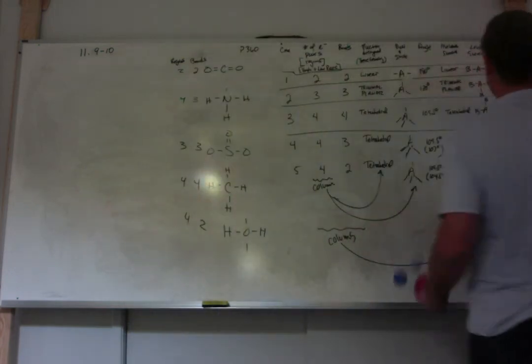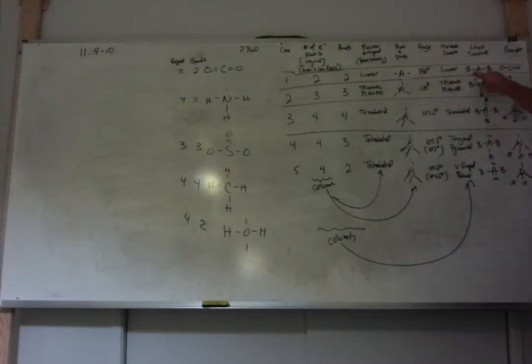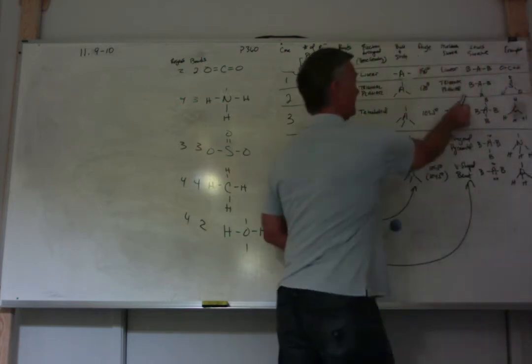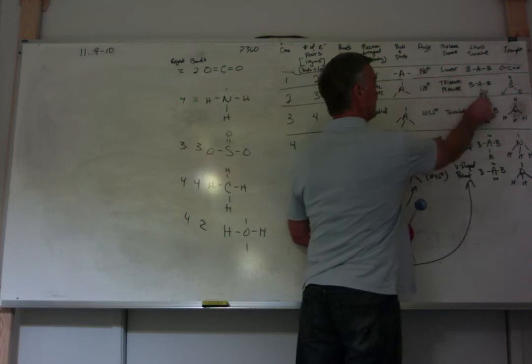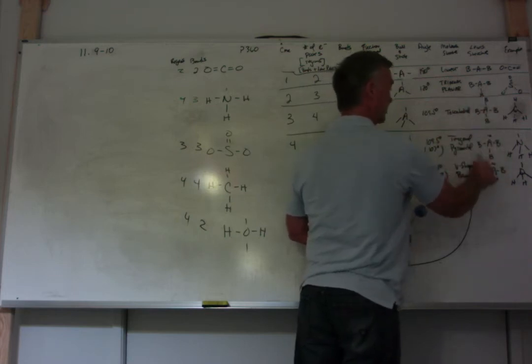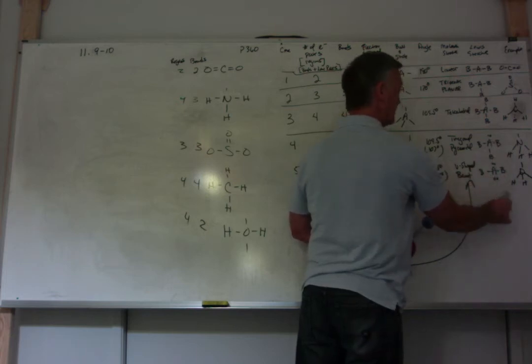The Lewis structure for this, you'll always have A with 2 B's. Usually these will be double bonds. Excuse me, I'm kind of off the screen there. I'll do it this way. These is 3 bonds, and one of these could be a double. 4 bonds, 3 bonds and a pair, 2 bonds and 2 pairs.